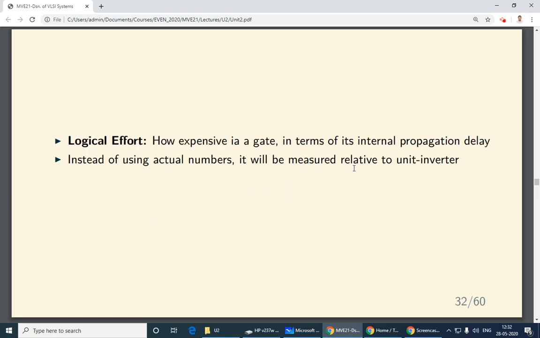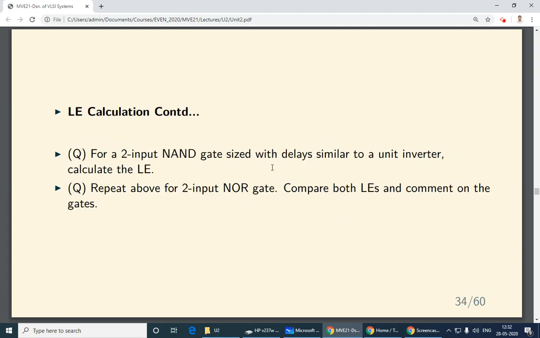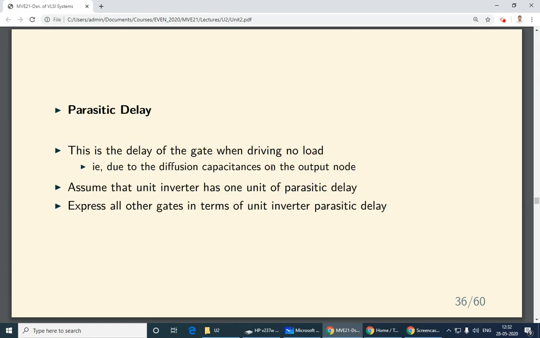So let's go back for a second to this logical effort term. If I want to calculate this linear delay model, there are three terms in the equation. We have now calculated the G part, there is the H part and the P part. So we will first calculate this parasitic delay. This is simpler.